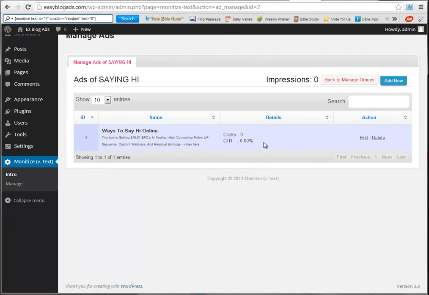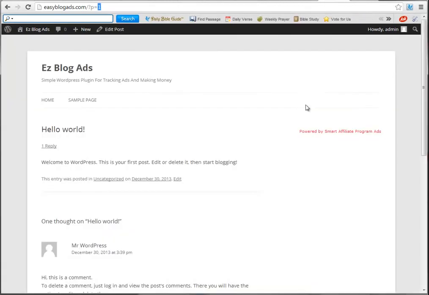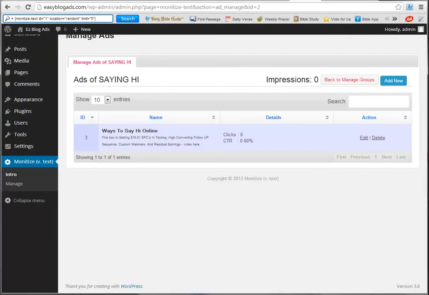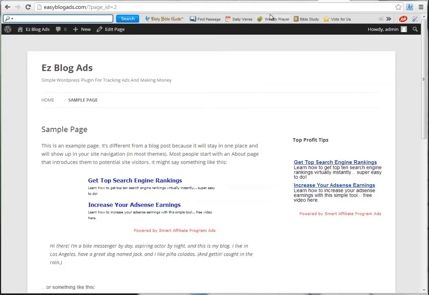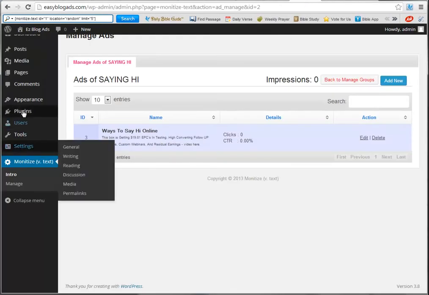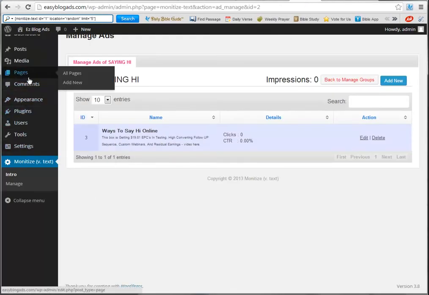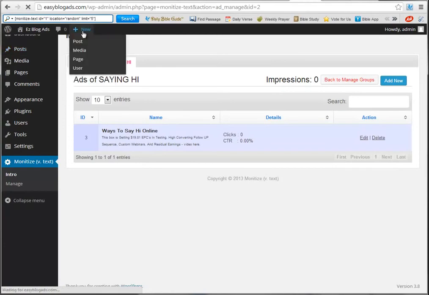And you can put as many different ads as you want, and you'll notice they will only show on that one post we have. And then, of course, if you have a second group and you want to put that within a page or a post or whatever, you can go into posts, hit all posts like this, or you could create a new one.